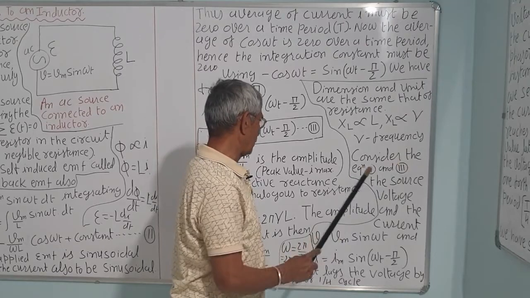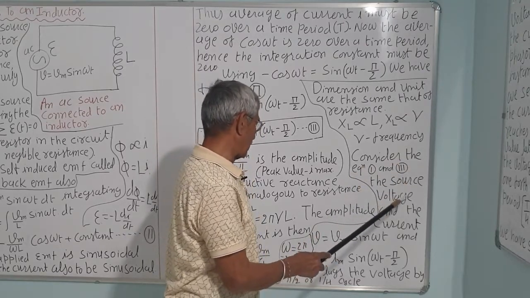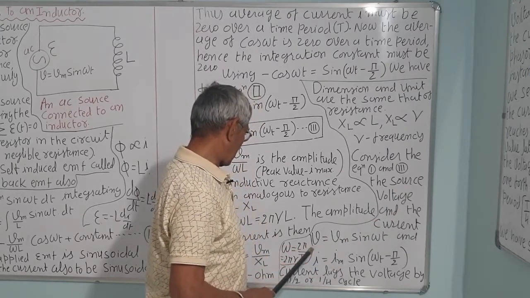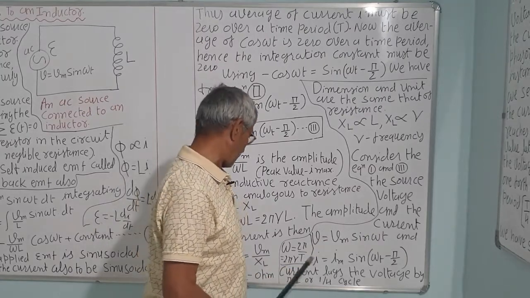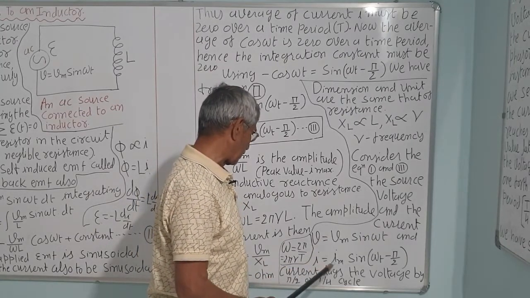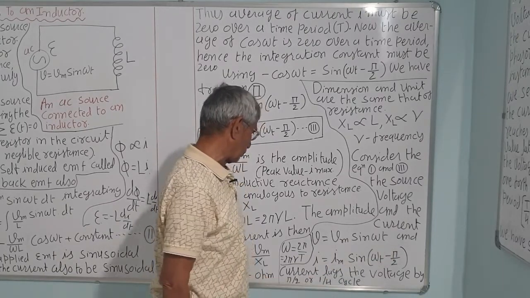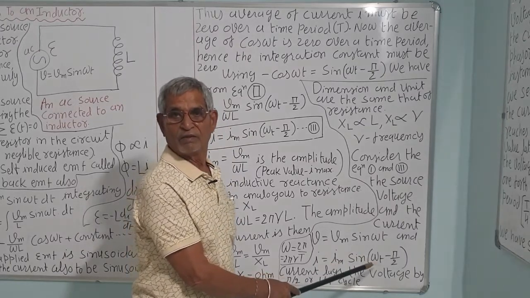Now consider equations 1 and 3. The source voltage, this is a very important thing to understand, and the current. V is equal to Vm sin omega t, the source voltage or EMF. And for the current, we have already obtained the equation: Im sin(omega t minus pi by 2). You can see that the current is lagging behind the voltage.